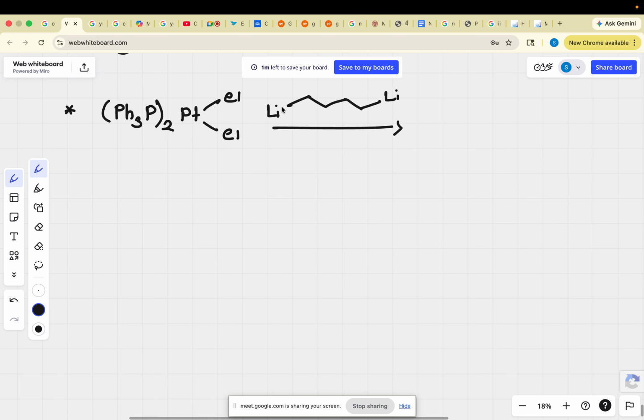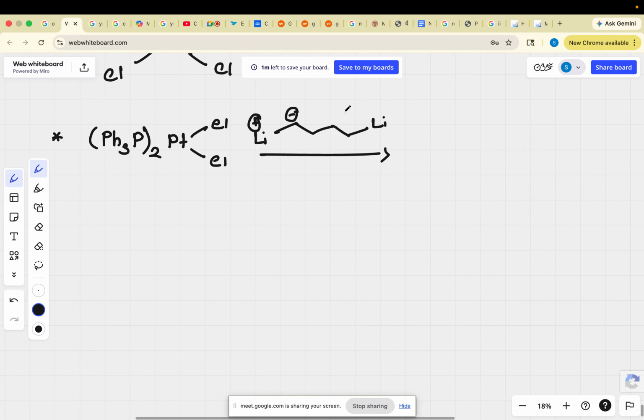Tell me what will be the product now. Carbon lithium bond. Lithium is metal, so lithium is positively charged, and this carbon center will be negatively charged. This negative charge will attack on the metal center. Chlorine will leave from here. So what I am getting? PPh3 whole 2, this side you have platinum.